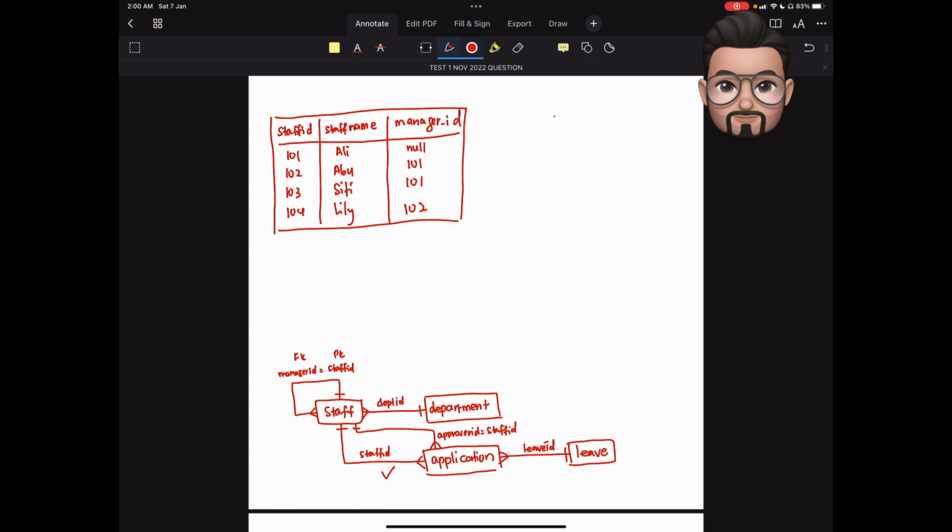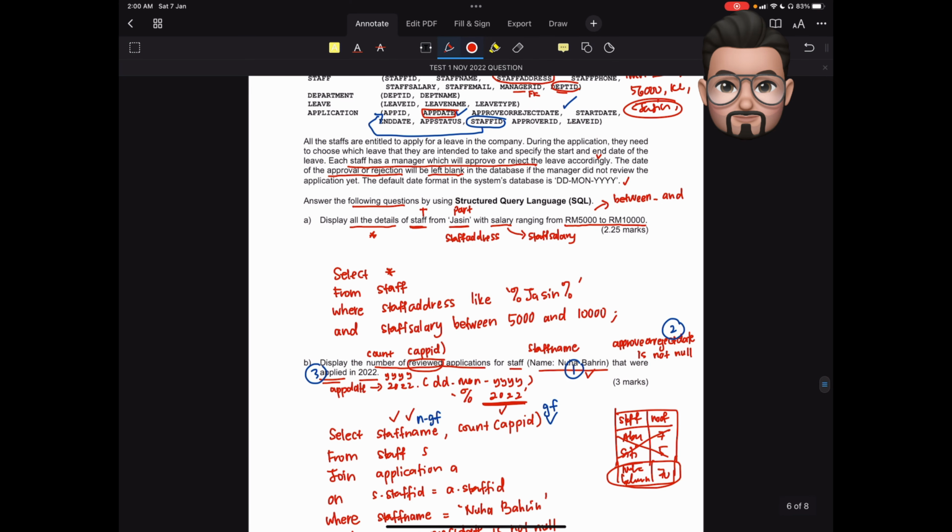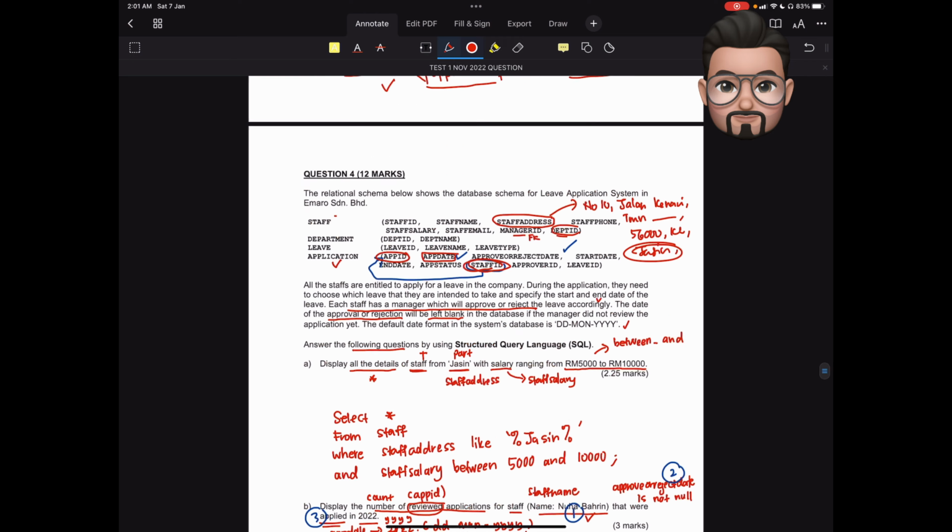The next one we have the application ID and the staff ID. Because we want to see inside the application which staff has made the application.